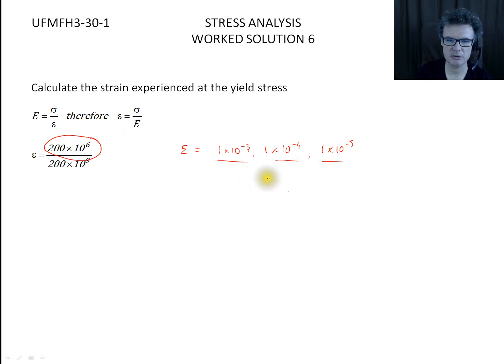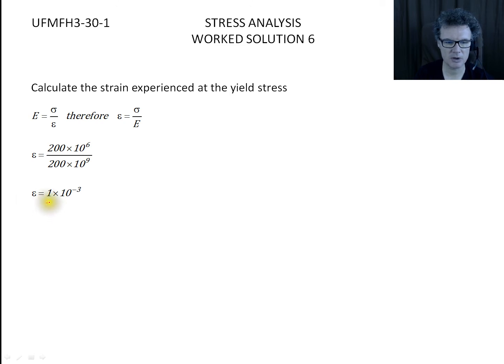So those kind of values we would normally expect a structure to be experiencing. So in this particular case, we're getting 1 times 10 to the minus 3. So it's bang in the kind of traditional value I'd expect to find in a structure. So remember that this is dimensionless.